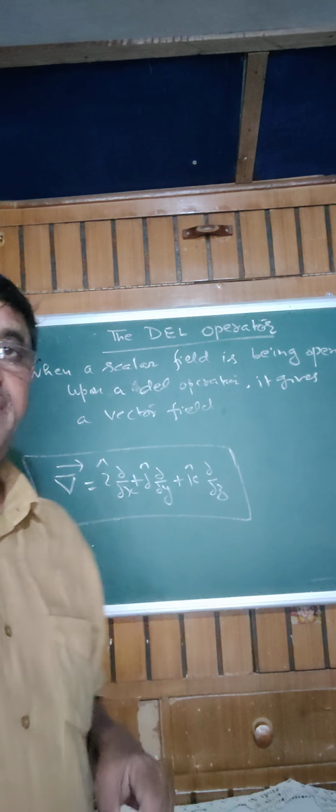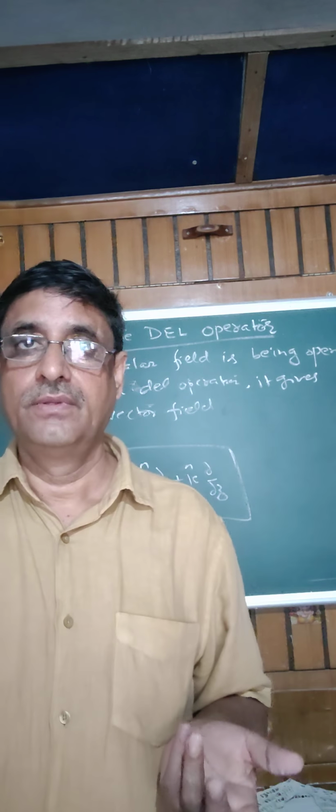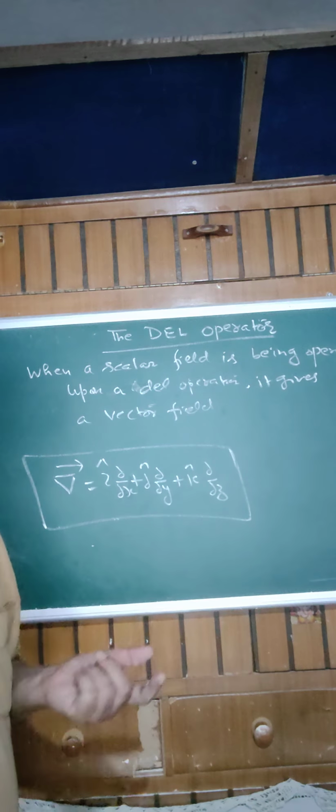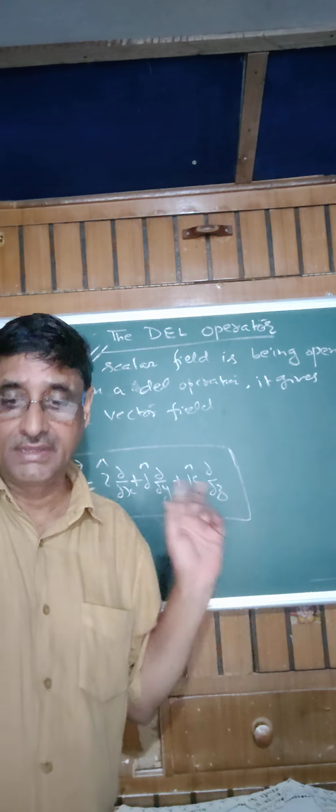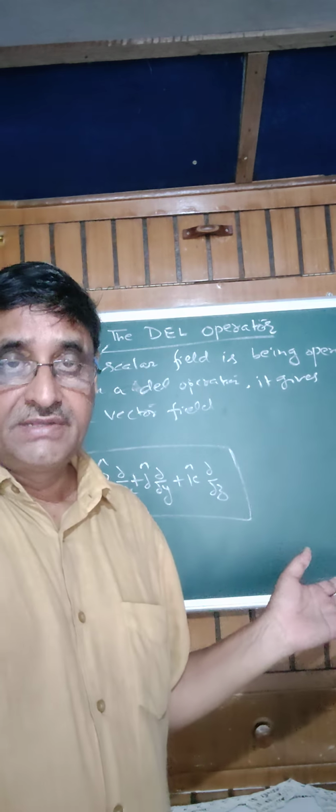If you apply del upon any scalar field, then the resulting quantity which you will get is a vector field. This is very, very important. You have to remember this statement too, because we will be using it again when we come across the next topics.